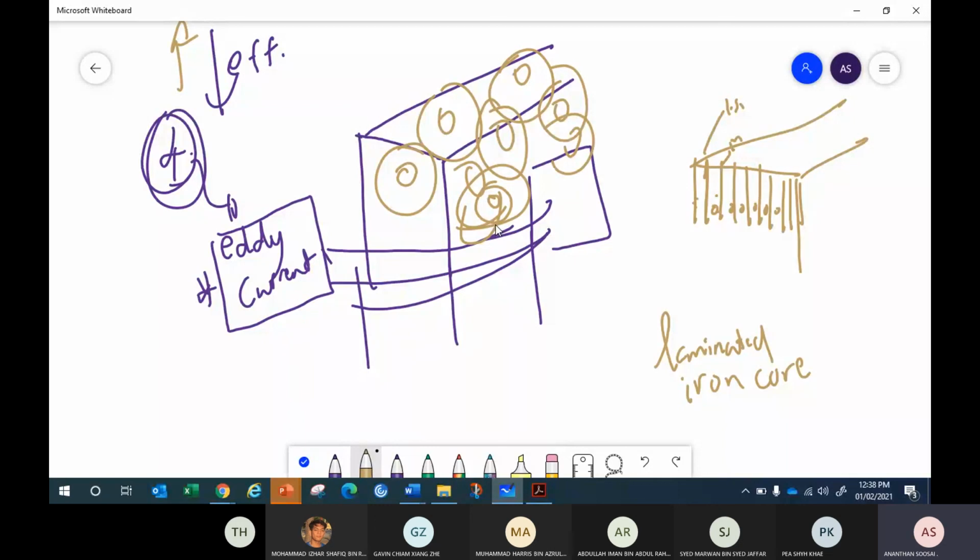Normally bad, but we can use it for a braking system. Eddy current moves in a circular path. How do you minimize eddy current? By using a laminated iron core in the transformer, or a perforated block might minimize the eddy current. Any questions, guys, about eddy current?